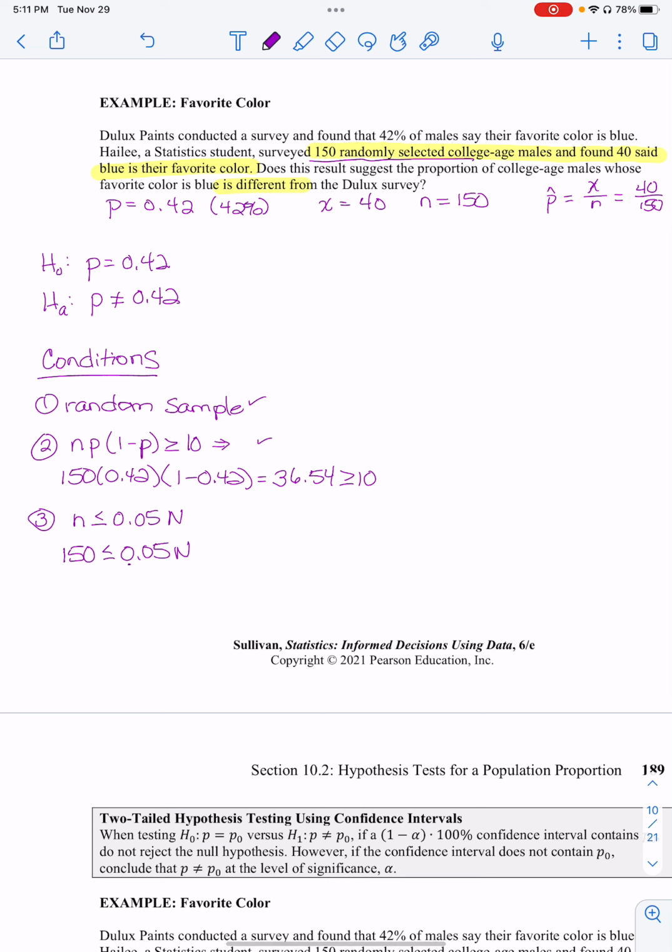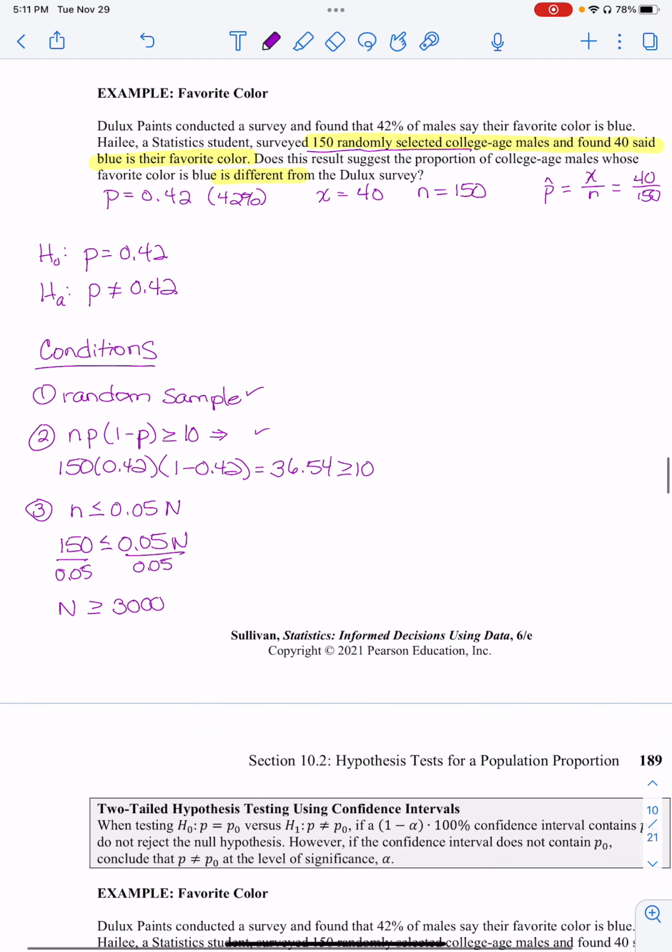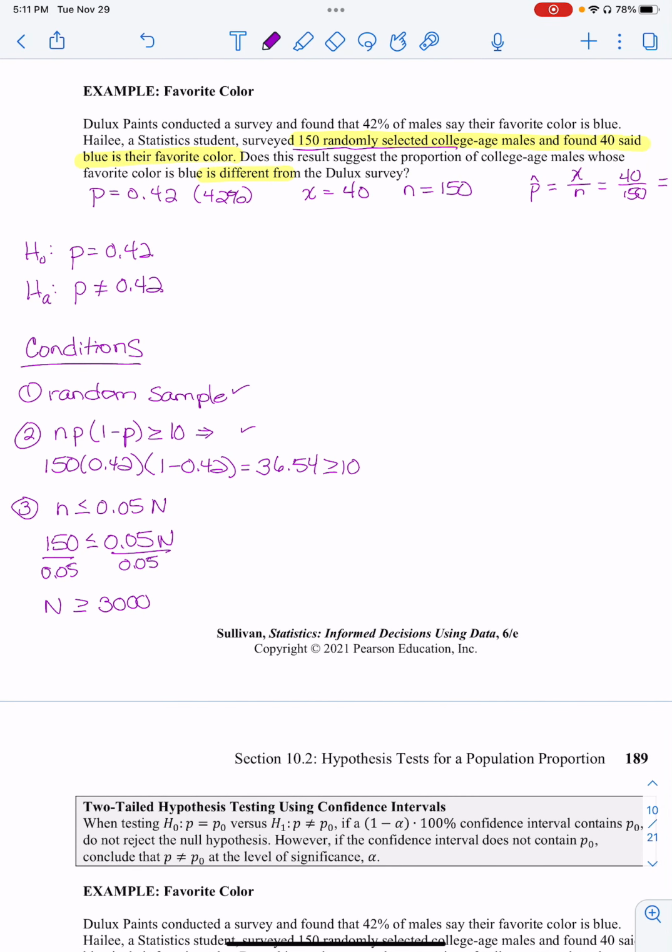If I divide both sides by 0.05, then I get that the population size N is going to be greater than or equal to 3,000. And I'm relatively certain that there are more than 3,000 college-age males that would potentially be in our survey, so our observations are independent. So we've met our conditions.